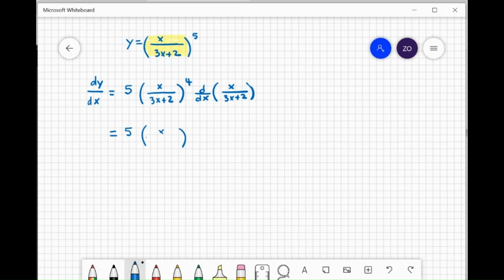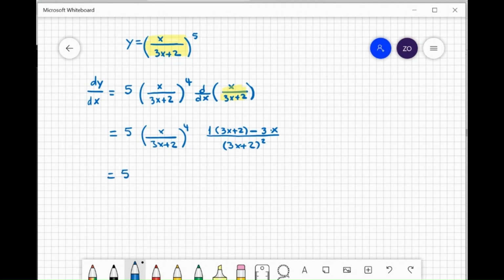So let's do that. Now let's look at this parenthesis and take its derivative. The derivative of x is 1 times the denominator minus the derivative of 3x plus 2, which is 3, times the numerator, divided by the square of the denominator.